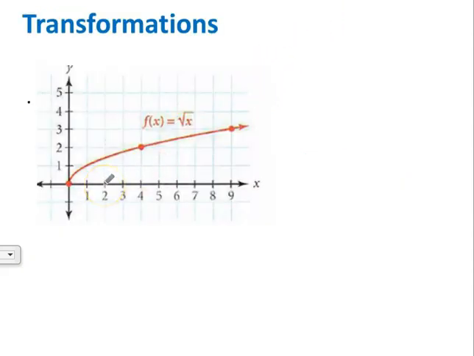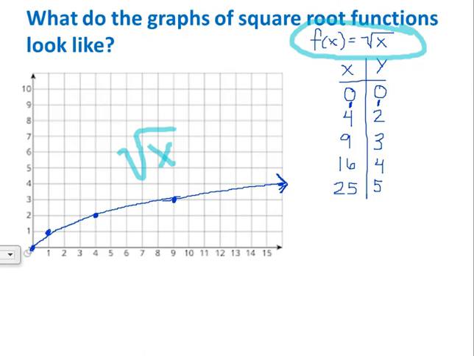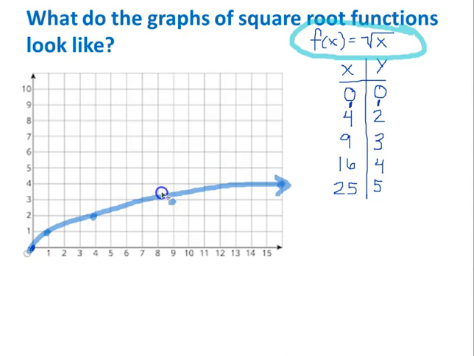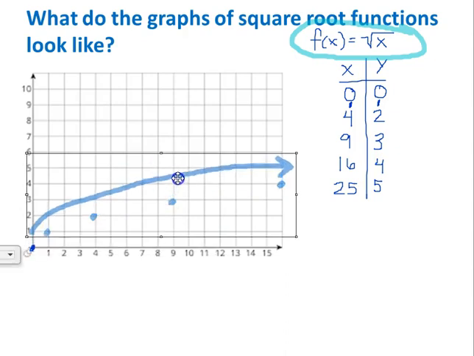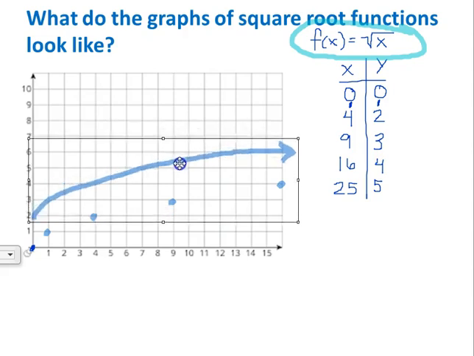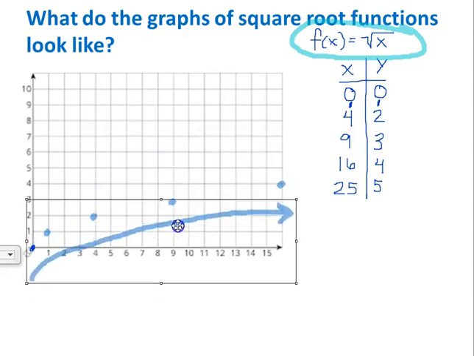But last and not least, we can take our graph of square roots. I'm going to go back to the one that we graphed. We can take this graph and move it around. We can move it up, translate it vertically, move it down.